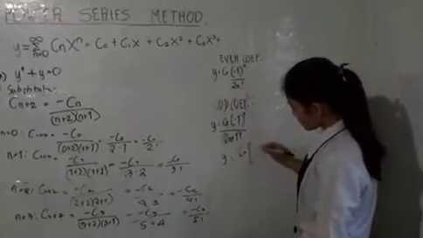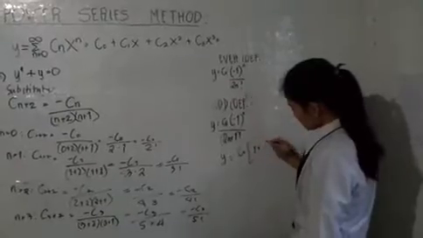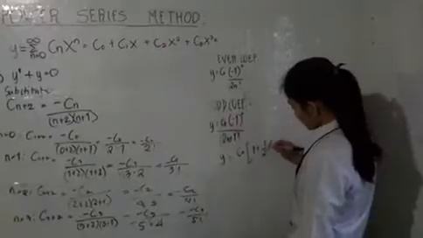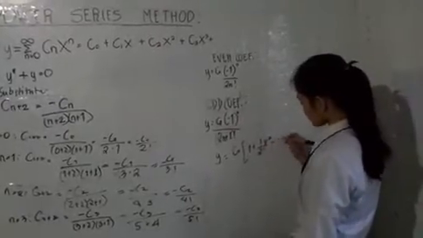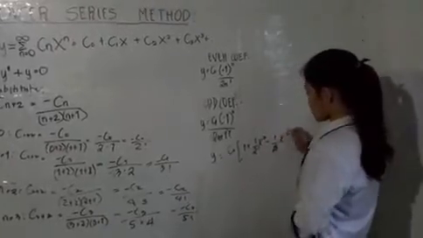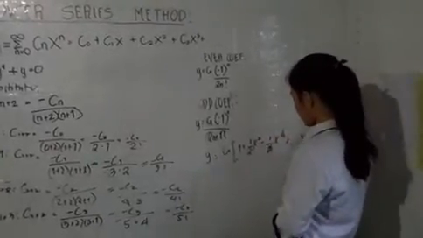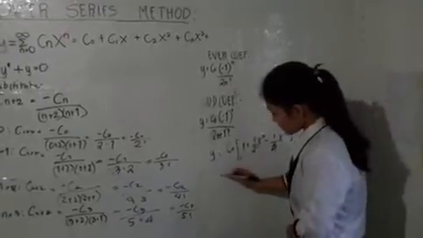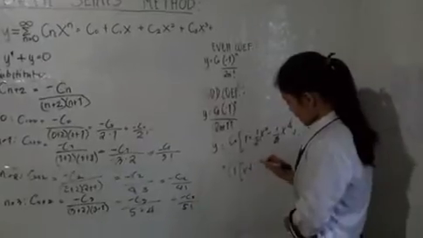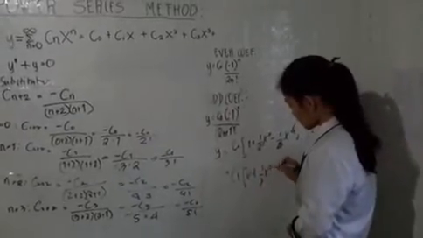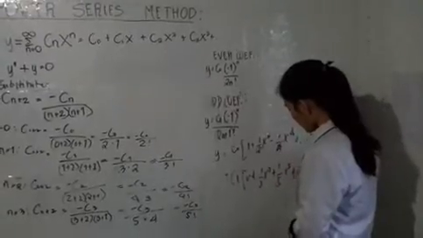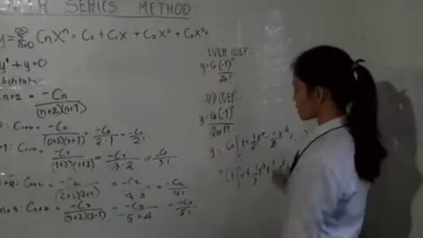C0 times 1 plus 1 half x squared minus 1 over 4 factorial x raised to 4 plus so on and so forth, plus C1 times x plus 1 over 3 factorial x cubed plus 1 over 5 factorial x to the fifth plus so on and so forth.